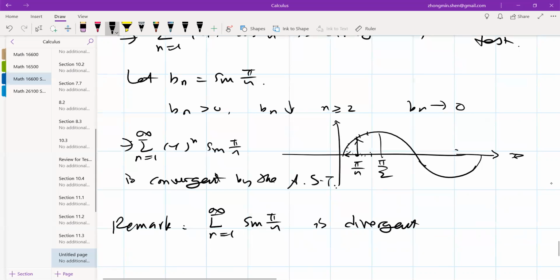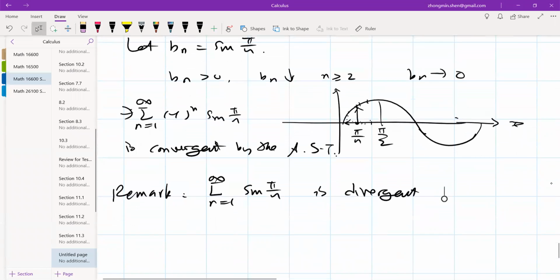Why is it divergent? You have to prove why it goes to infinity.